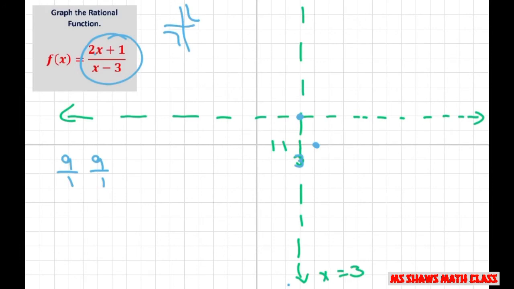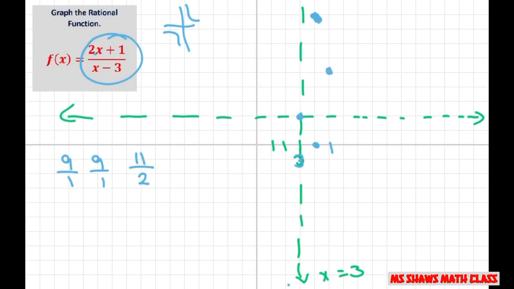So 4 goes to 9, that's 8 plus 1. So that's way up here. If I plug in 5, I'm going to get 11 divided by 2, which is 5.5. So we'll just go up 5.5.